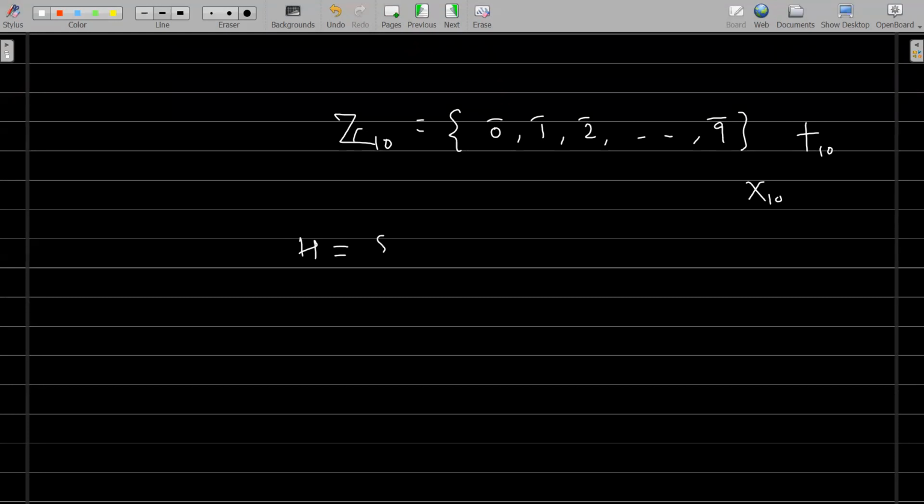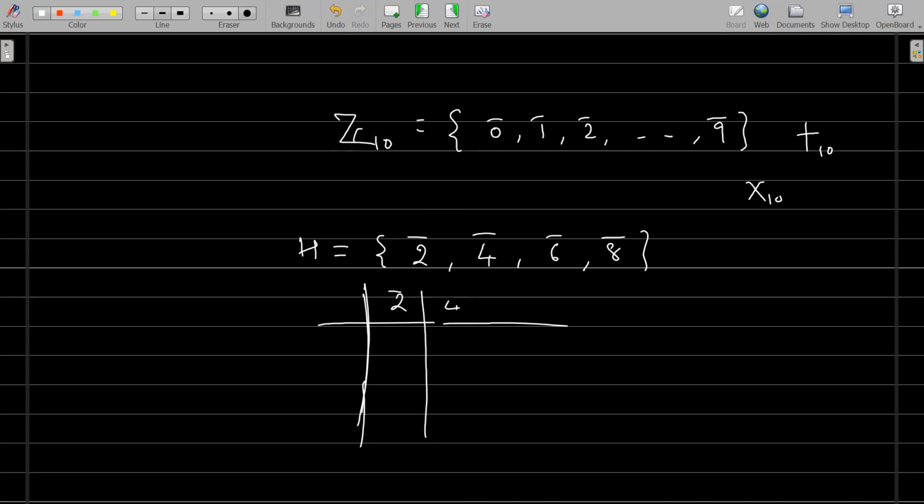If I take x equal to, say, 2, then I can include 0. Or better, let's see what happens with this one: 2, 4, 6, 8. Let's see what happens if I form the table for multiplication modulo 10.